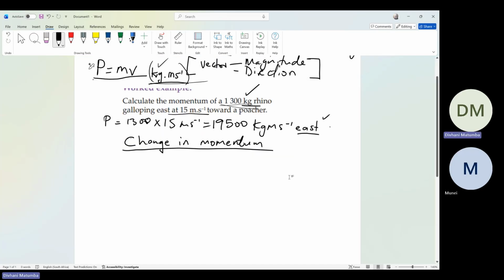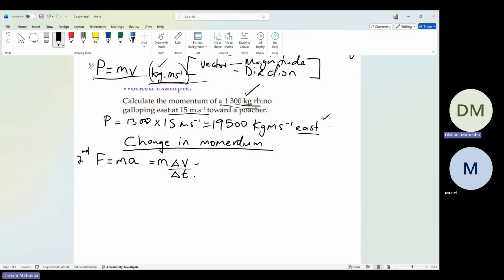Okay, that's perfect. Do you still remember Newton's second law formula? Newton's second law says force equals ma. Do you remember this formula? Yes. Okay, so if F equals ma, your acceleration is given by the change in velocity divided by the change in time. You remember?